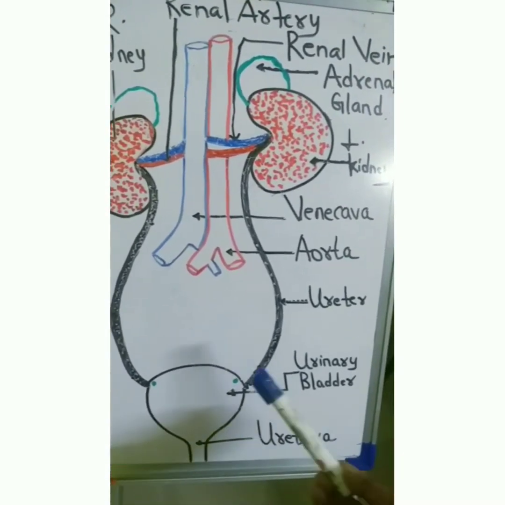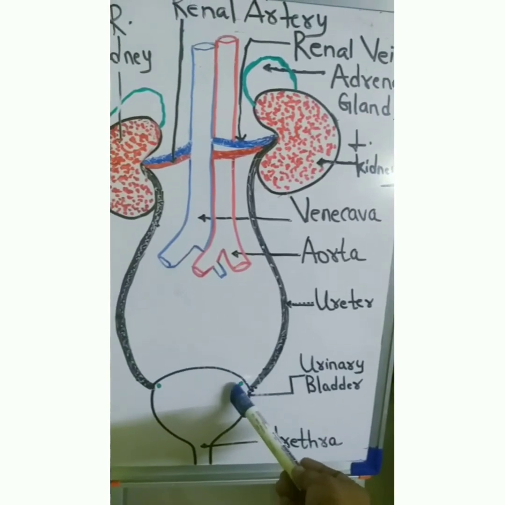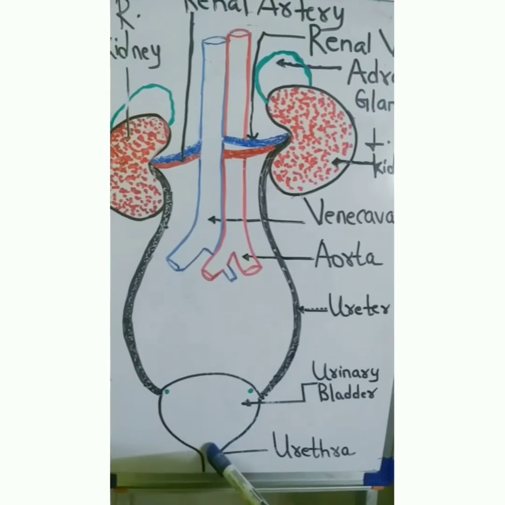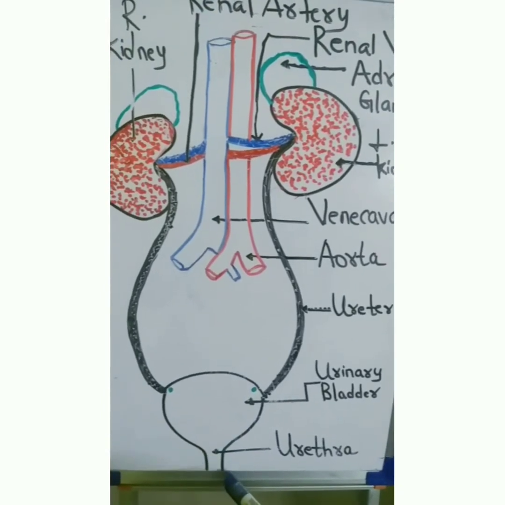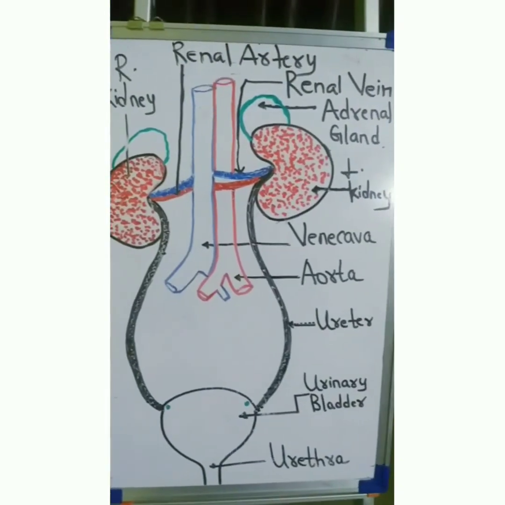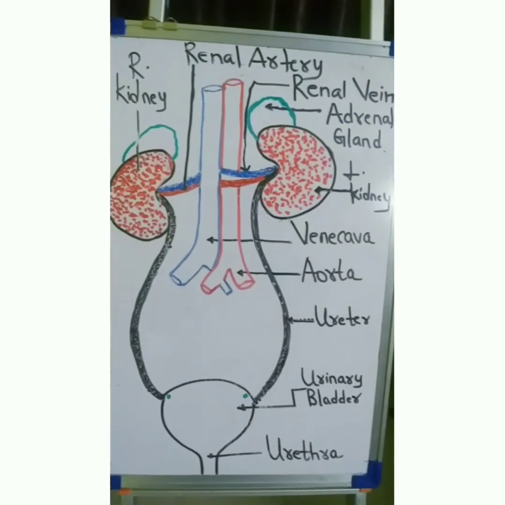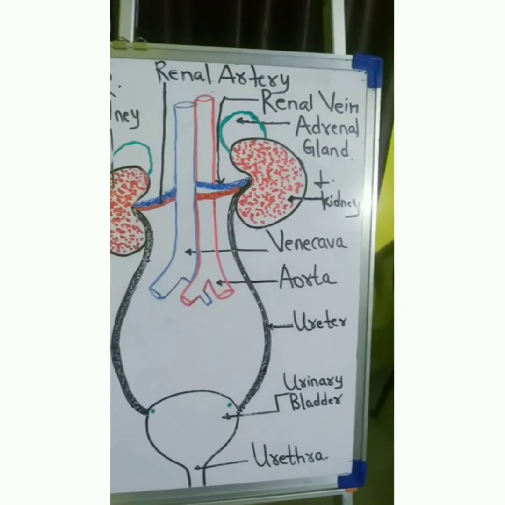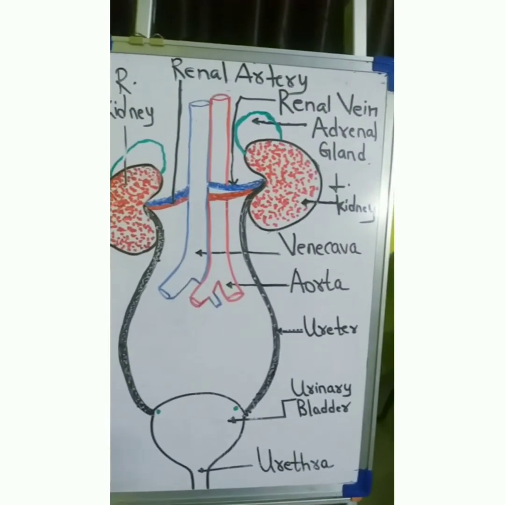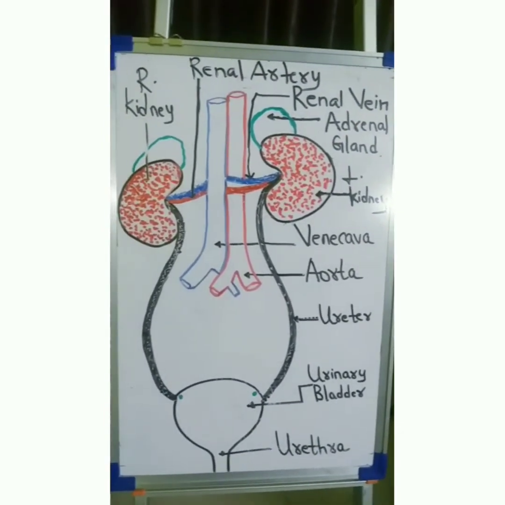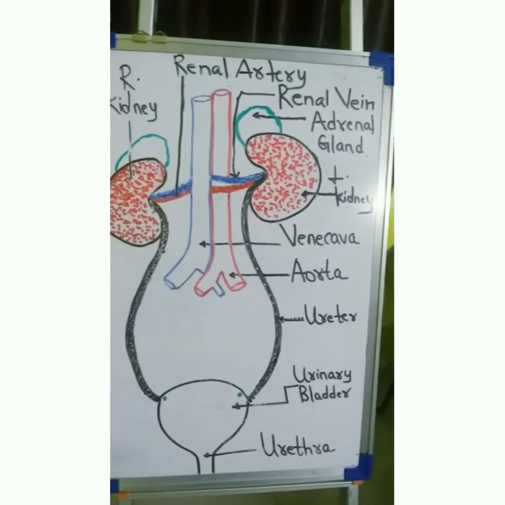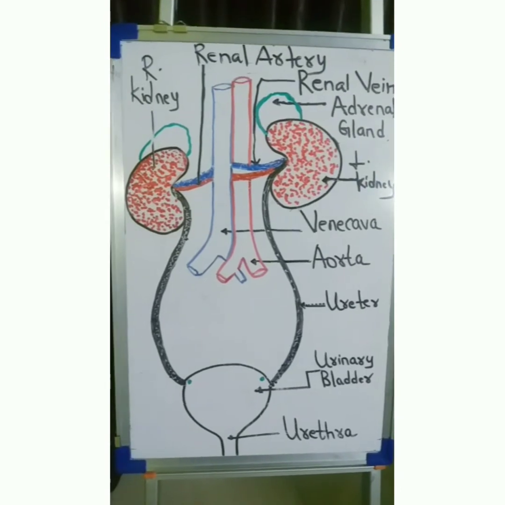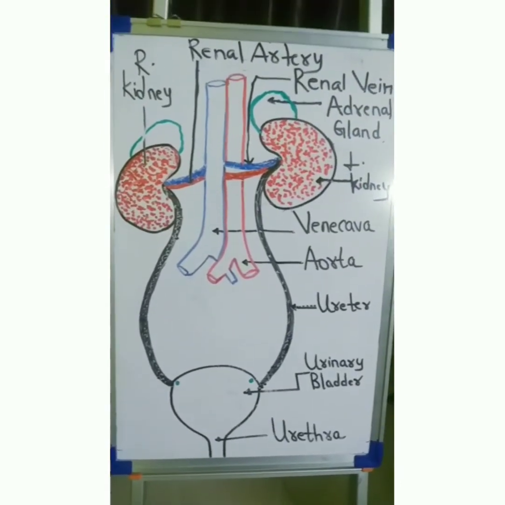With the help of these urinary sphincter muscles, the urine from the urinary bladder reaches the urethra, and through the urethra it is expelled out or removed in the form of urine. Now, here I would like to share one particular piece of information: filtration with the help of nephrons in the kidney takes place 40 times a day.